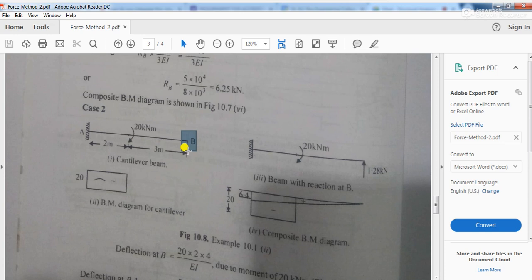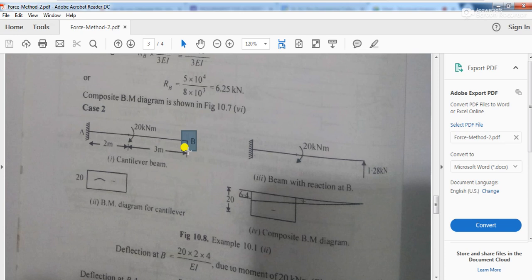Once you draw the bending moment diagram, you can find out the M by EI diagram, and from the moment area theorem you can easily calculate the value of deflection, or the value of slope.